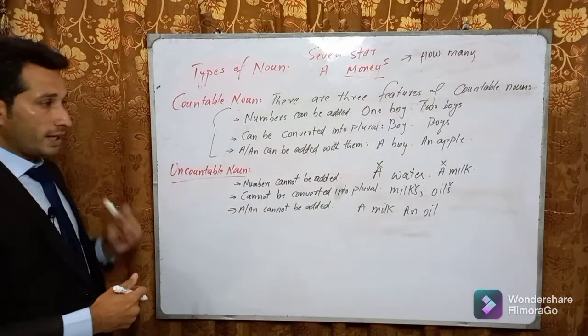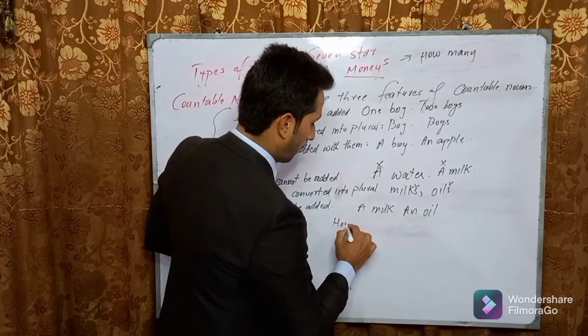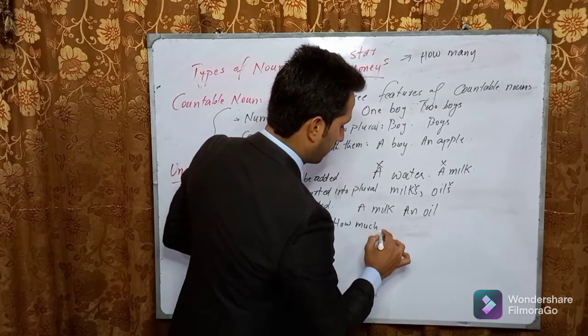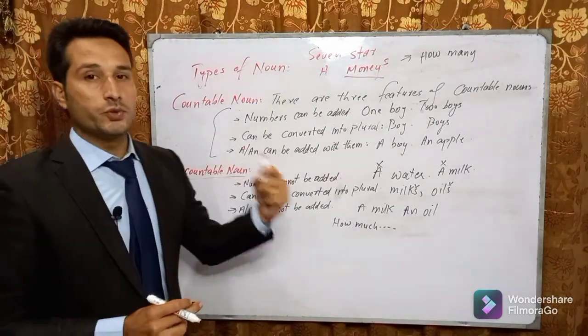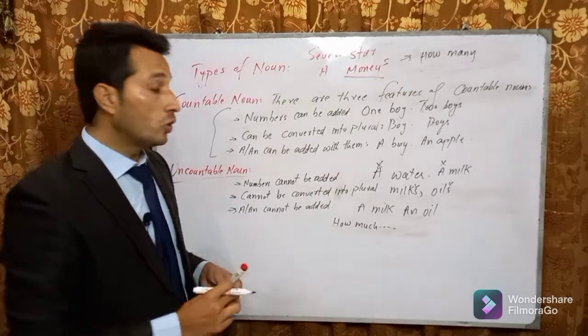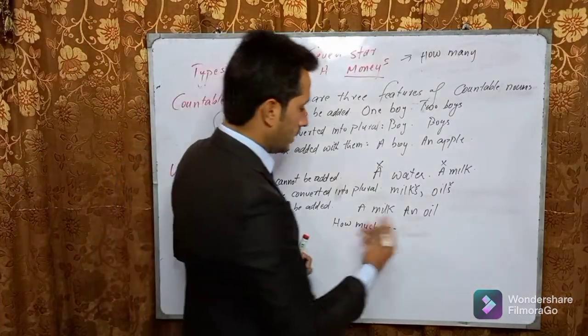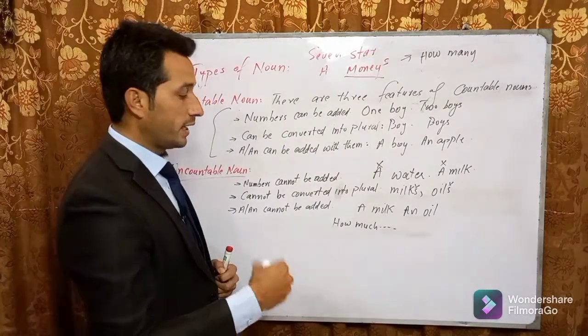But when it comes to uncountable noun, the question is different. We say how much rather than how many. Say how much water, how much milk, how much money do you have? And the answer is always in singular. Or we can say that we use some rather than many.